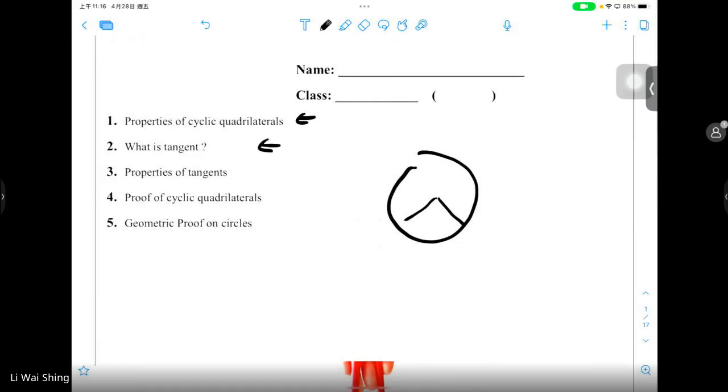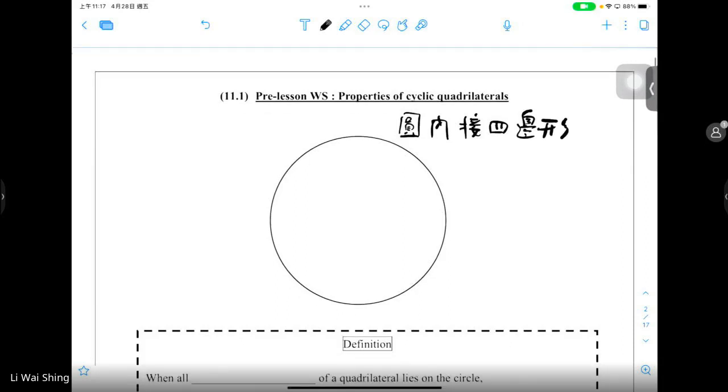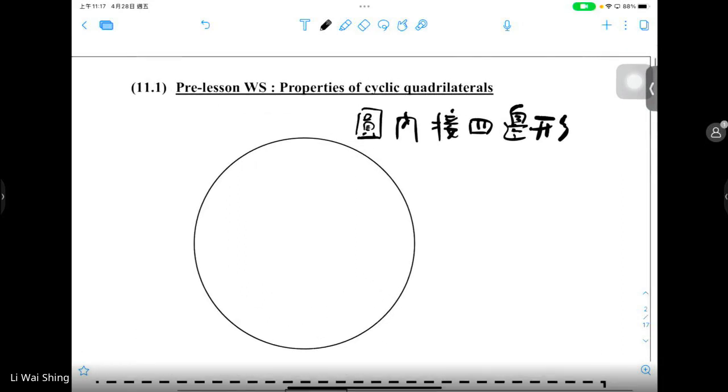OK, so the first part, there are two parts in this chapter. One is called the cyclic quadrilaterals and one is called the tangents. Alright, let's take a look at the cyclic quadrilateral first. In Chinese name, we call it 圓內接四邊形。Okay, in English, quadrilaterals, that means a polygon with four sides, a four-sides polygon.